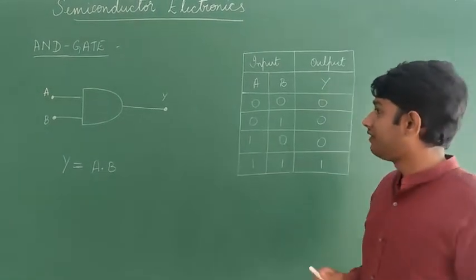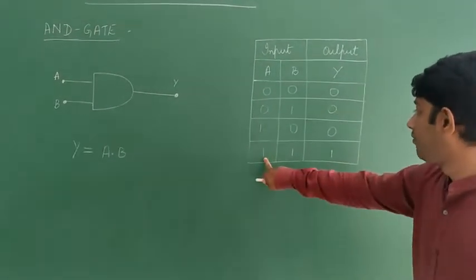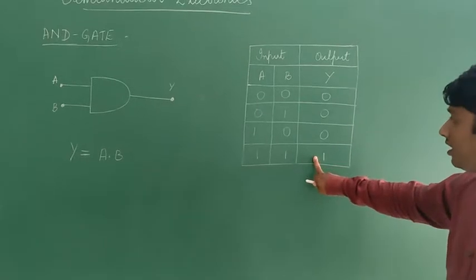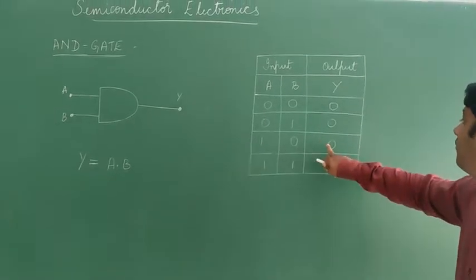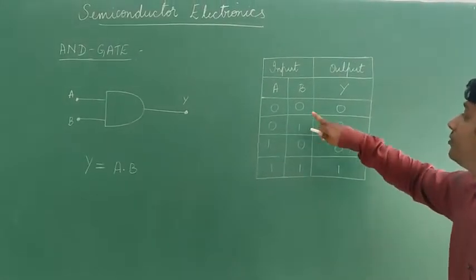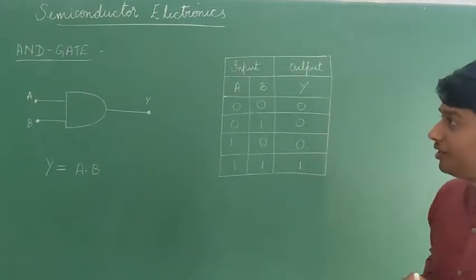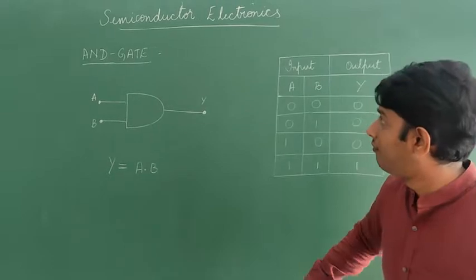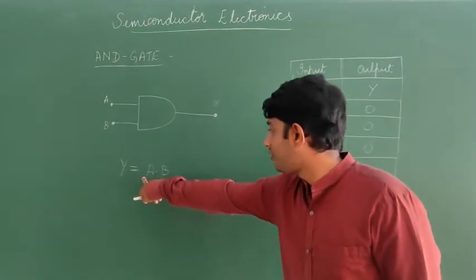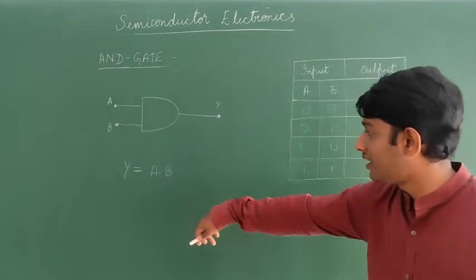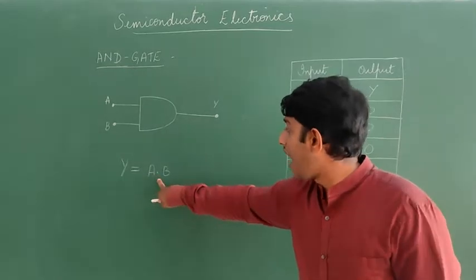As the definition says, 1, 1 gives 1, but 1, 0 gives 0, 0, 1 gives 0, and 0, 0 also gives 0. The Boolean equation for this AND gate is y = a dot b. It is read as y is equal to a and b.